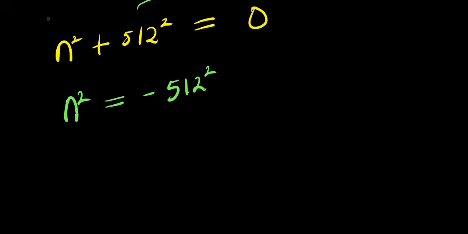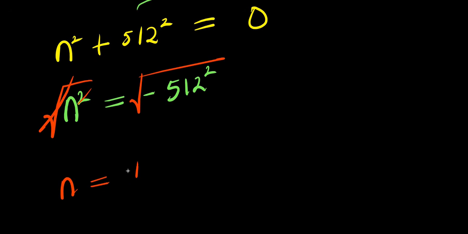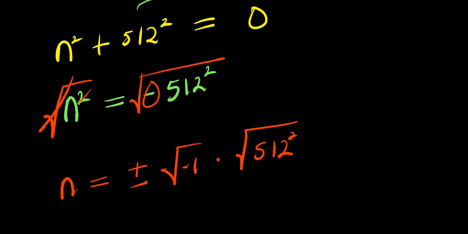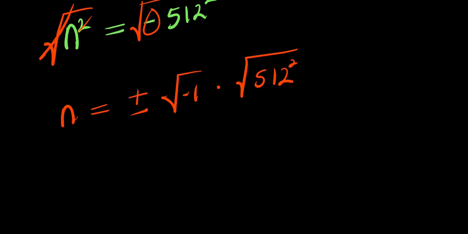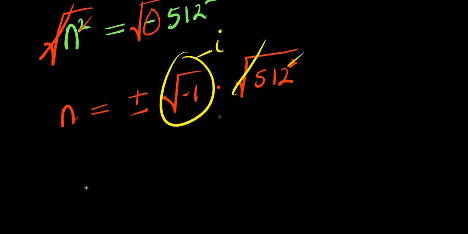So we take the square root of both sides of this equation. The square root cancels the square. We have n equals plus or minus, but there's a minus here, so I have the square root of negative 1 times the square root of 512 power 2. The square root of negative 1 gives me the complex number i. This cancels this.